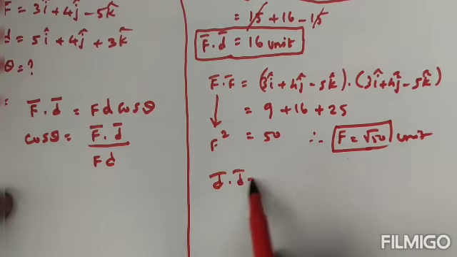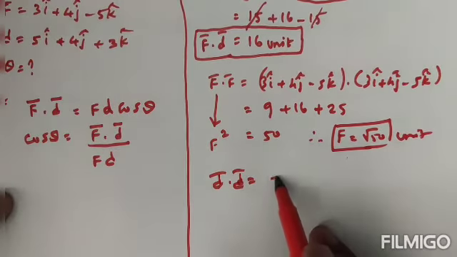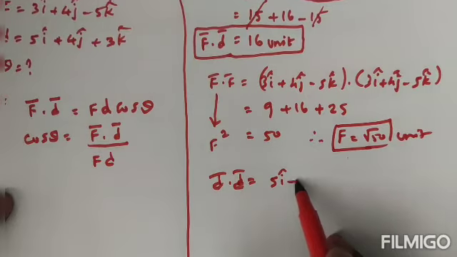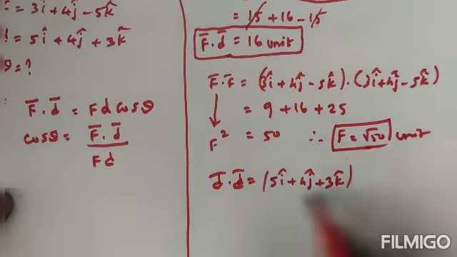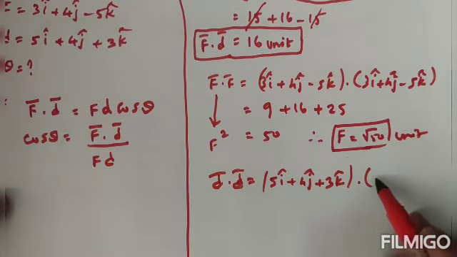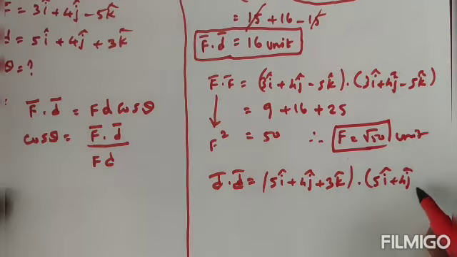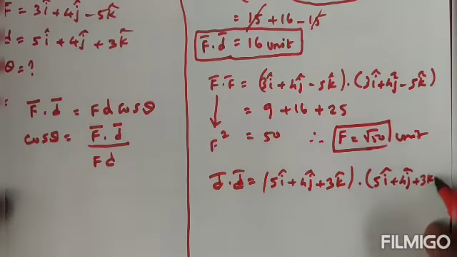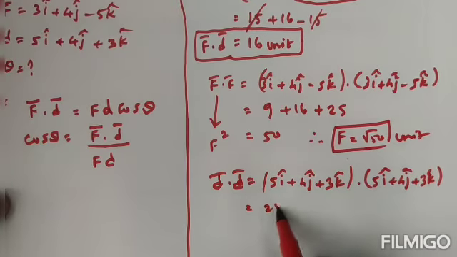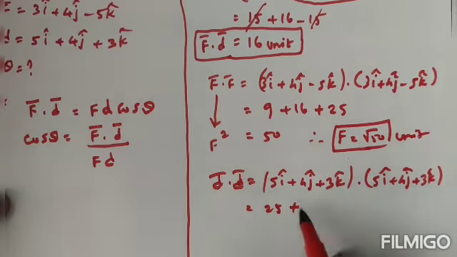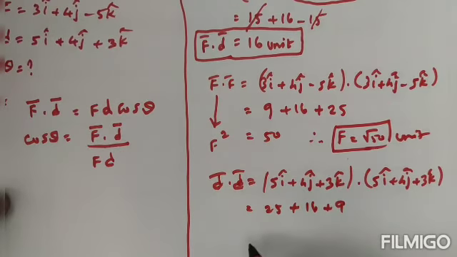D vector dot D vector: 5 î plus 4 ĵ plus 3 k̂ multiplied again by itself. 5 into 5 is 25, plus 4 into 4 is 16, plus 3 into 3 is 9.